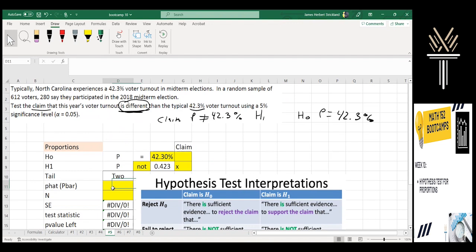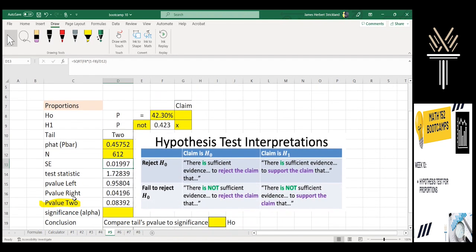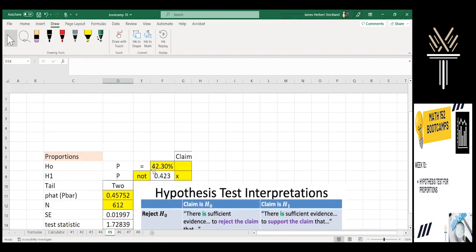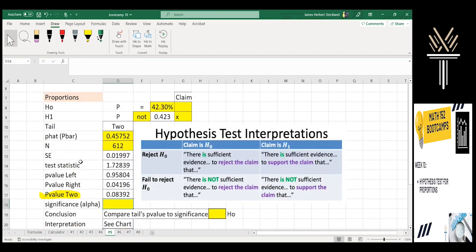So now we need to find our p-hat, our ratio, and we can see 280 out of 612 is our ratio, with 612 being the total amount. Now looking at our values, the p-value is 0.08, and our significance level was 5% or 0.05.